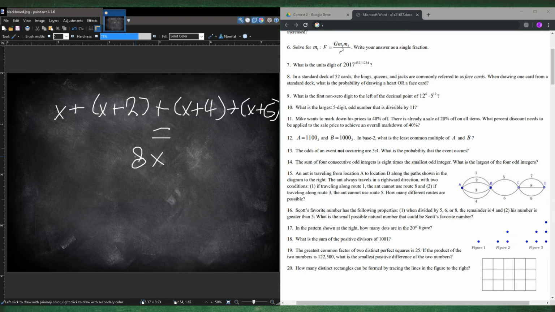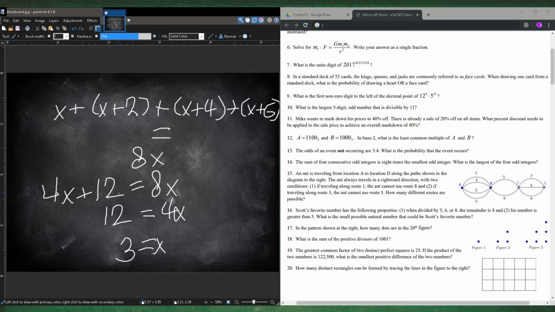Putting that together, that's 4x plus 12, which is equal to 8x. So 12 is equal to 4x, and x is equal to 3. What is the largest of the 4? You add 6 to it, so the largest is 9. Basically, that's simple.